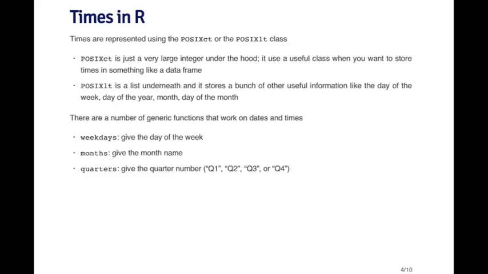And there are a number of generic functions that operate on both dates and times that you can use, such as the weekdays function, which tells you what day of the week a given day is. The months function tells you what month that date or time is, and the quarters function gives you the quarter number. So, for example, Q1 would be January through March, Q2 would be April through June, and so on. These generic functions operate on objects of class POSIXct, POSIXlt, or Date.